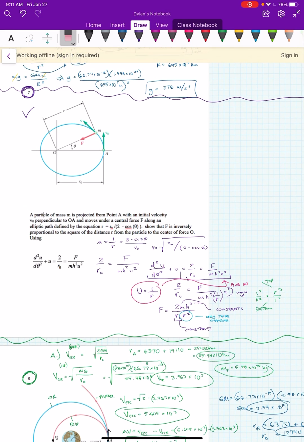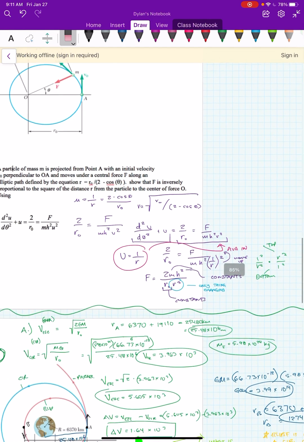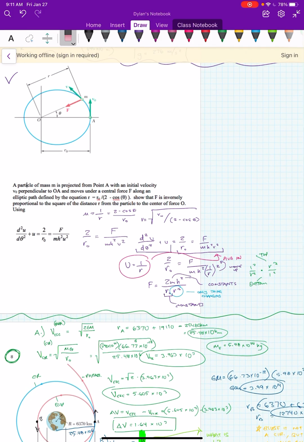this one was also a bit confusing, but there's a lot of equations that equal each other, and so I knew that basically, let's see, it asks for, I know that U equals 1 over R. So then I plugged that in for this part of the equation.